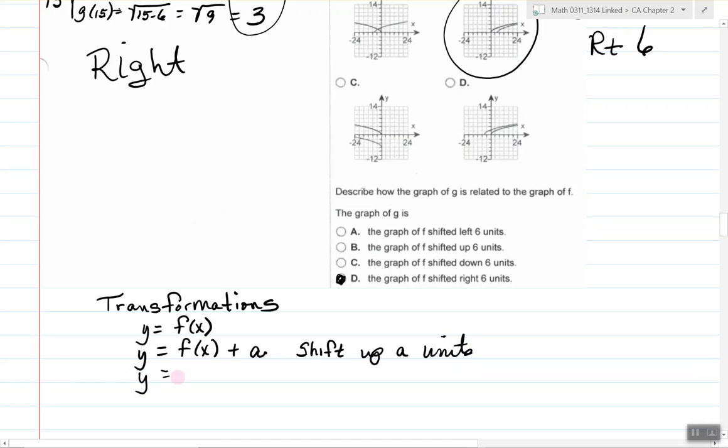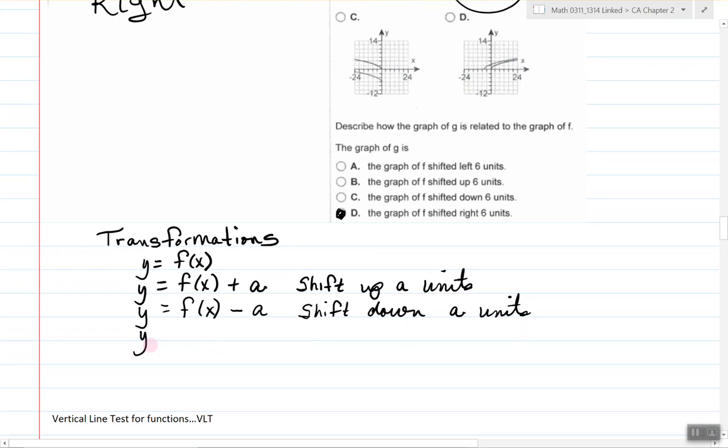If you have y is equal to the same function minus a constant, then it will shift down A units, where A represents a number. If instead you have y equals f of x plus a, where you're adding to the x before you're letting the function act on it, you're going to shift left a units.